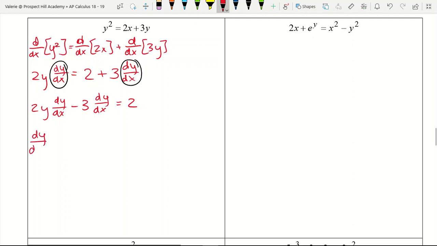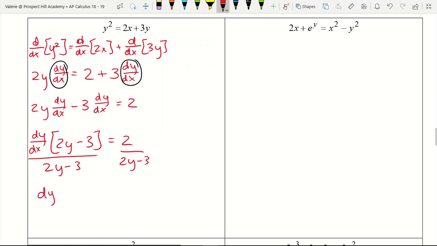So we have dy/dx times (2y minus 3) equals 2. And then we can just divide by 2y minus 3 to get dy/dx on its own. So dy/dx equals 2 over 2y minus 3.